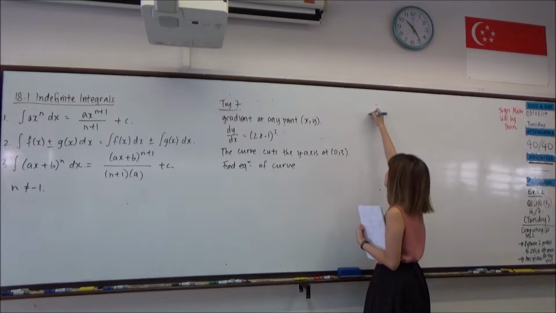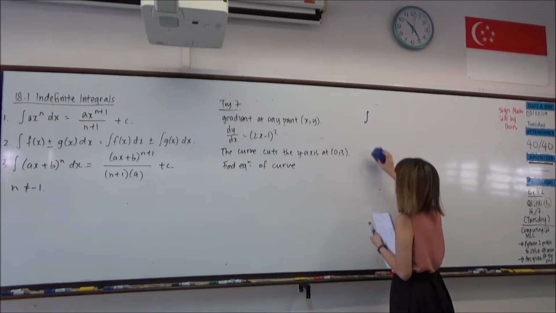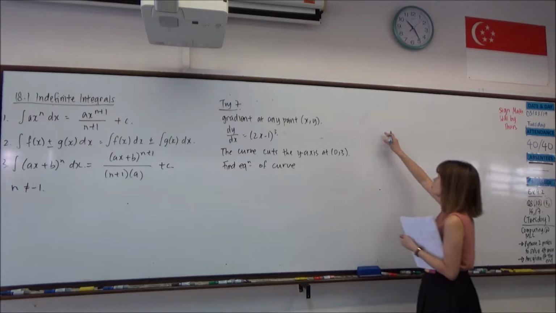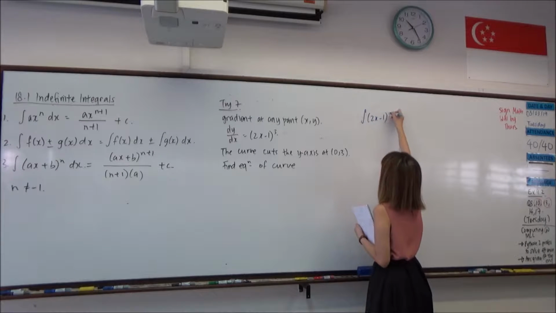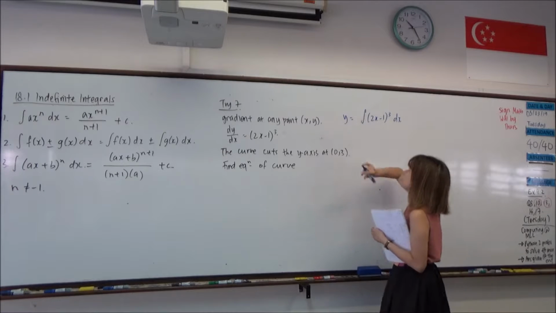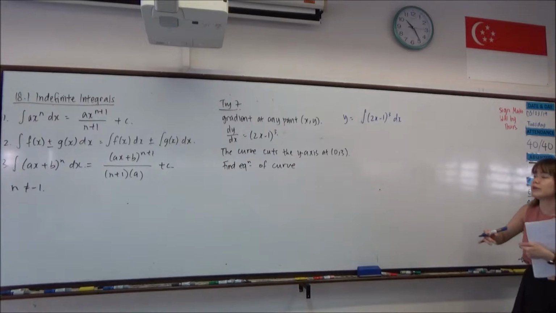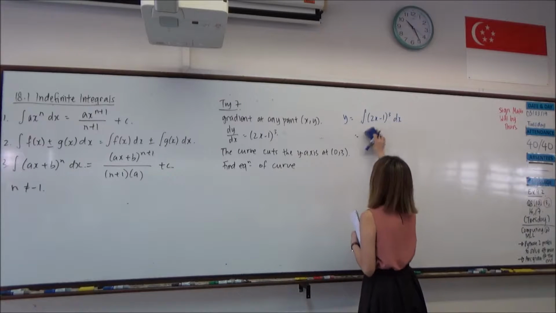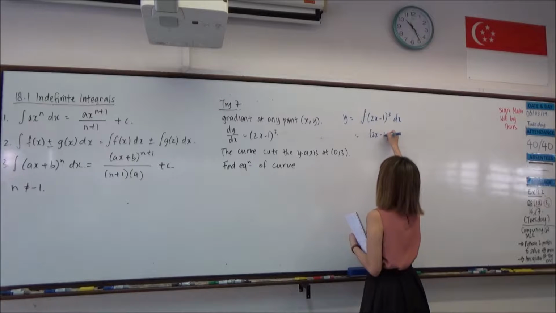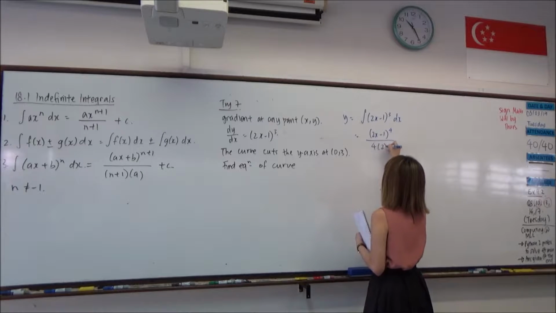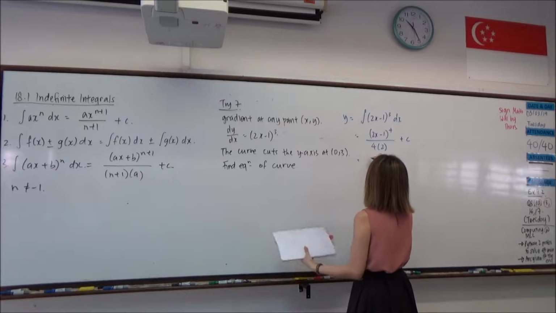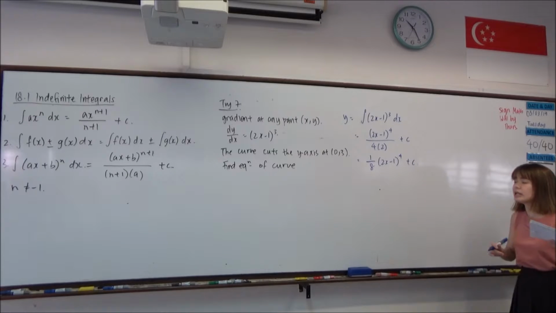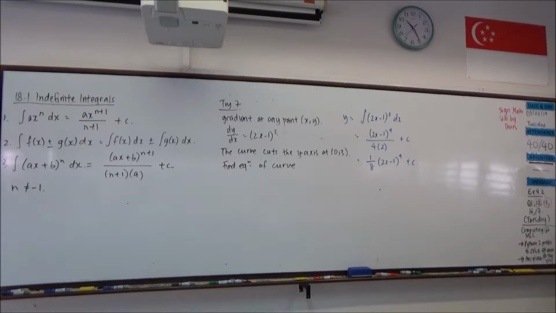So we could integrate, with respect to x, and we will be able to get the equation of the curve. And that will be 1 over 8 times 2x minus 1 to the power of 4 plus c.